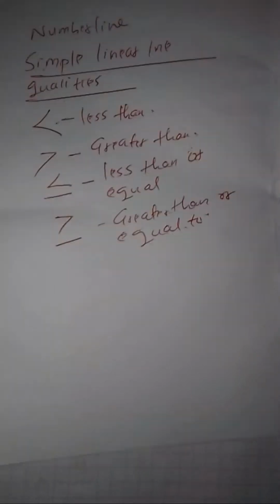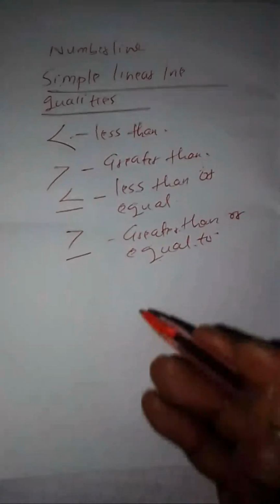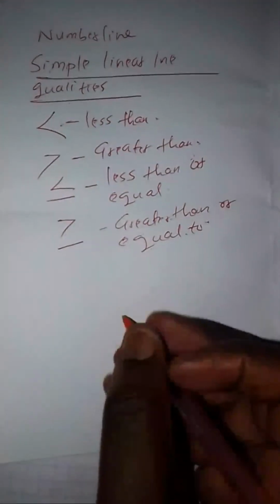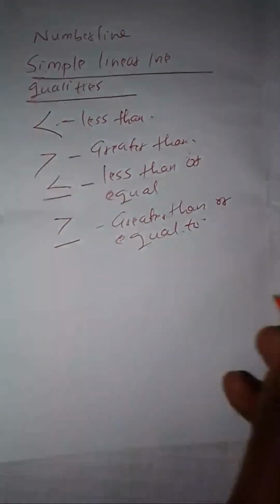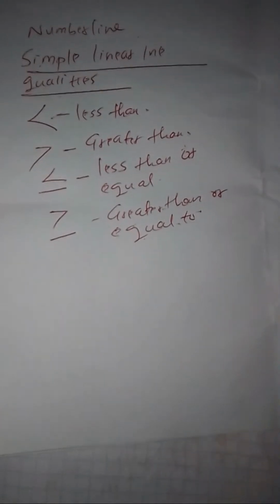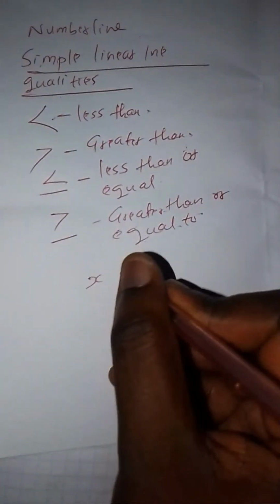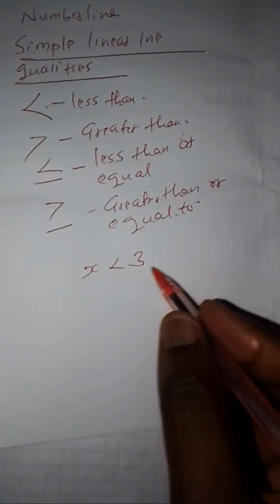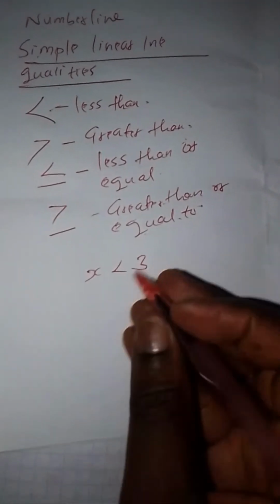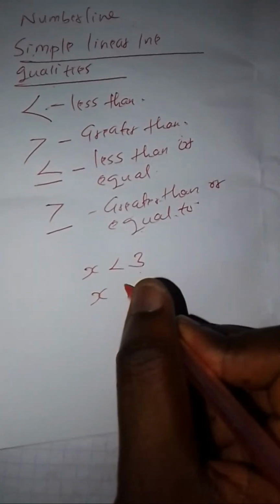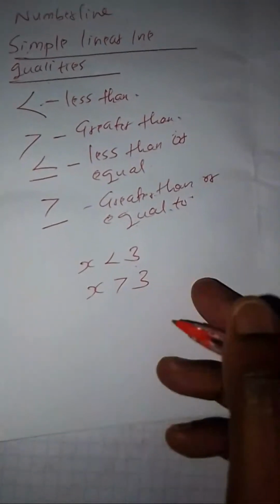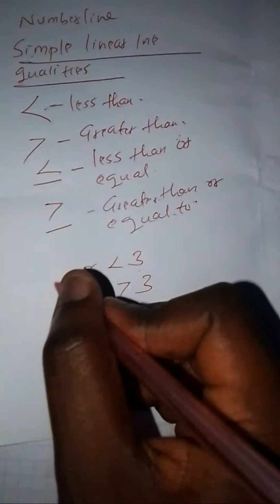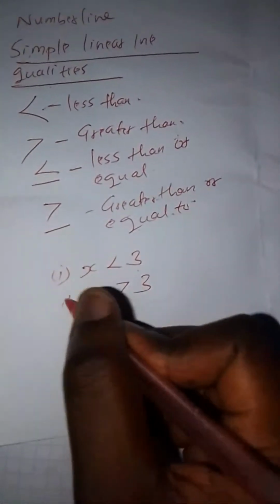For example, this one is an inequality. When we say x is less than 3, this is an inequality. When we say x is greater than 3, this is an inequality. This one can be Roman 1, this is Roman 2.